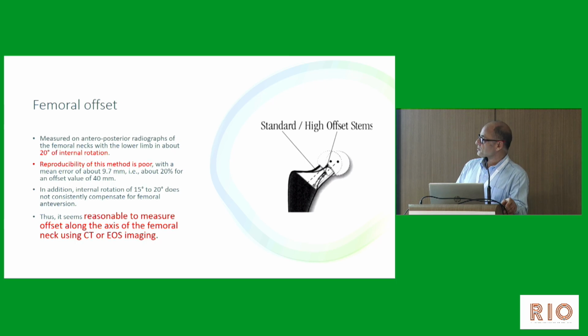So measuring offset is very difficult because it depends on the positions of your X-ray. Normally we take it in 20 degrees internal rotation, but the CT method becomes the most important and reasonable in measuring offset. On a plain X-ray, to assess and to reproduce it is very poor, because in different positions of rotation you might get a different offset.